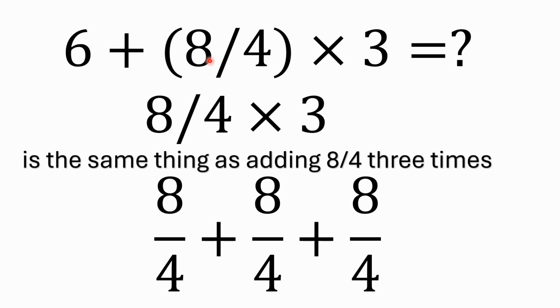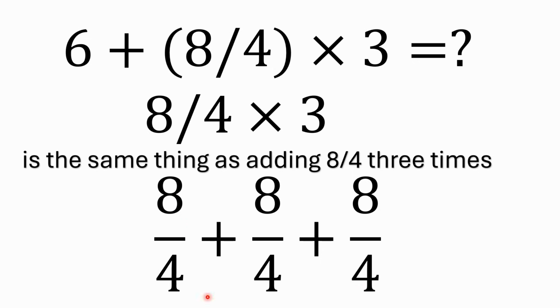I mean, think about it. When we convert the division, it's the same as 8 divided by 4 times 3. Well, 8 fourths times 3. This is equivalent. But remember, 8 fourths times 3 is the same thing as adding 8 fourths 3 times. I could write this out as addition, 8 fourths plus 8 fourths plus 8 fourths.